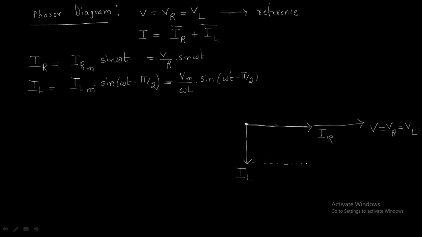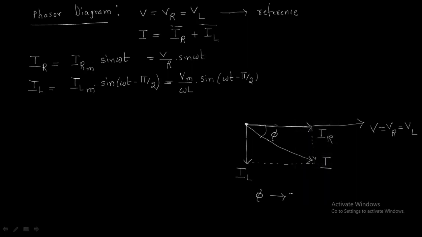The combination will give the supply current. This is the supply voltage, this is the supply current, and this is the phase angle between the supply voltage and supply current.